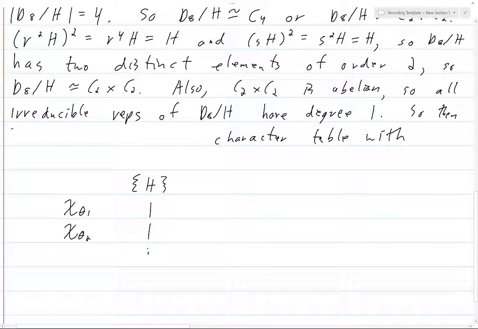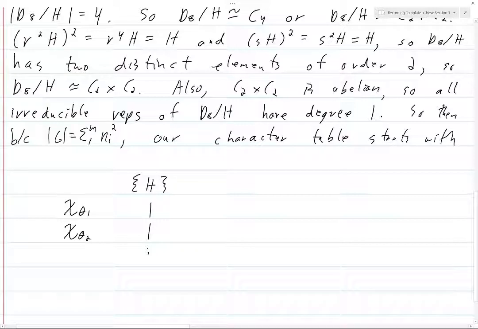Because, and we're going to recall this fact, the order of G is going to be the sum from 1 to m of Ni squared. Our character table starts with this.